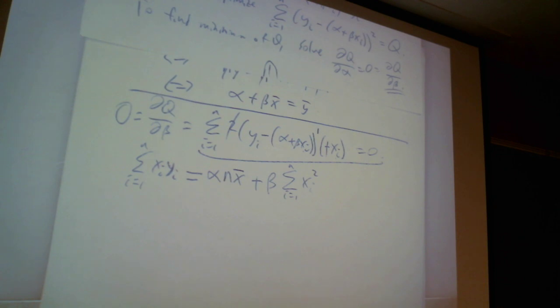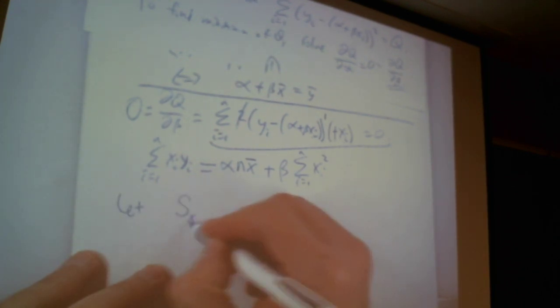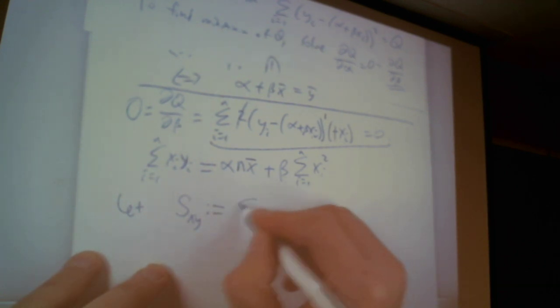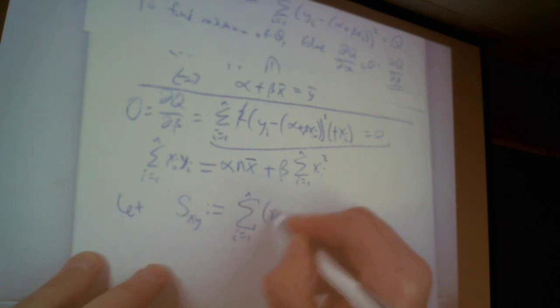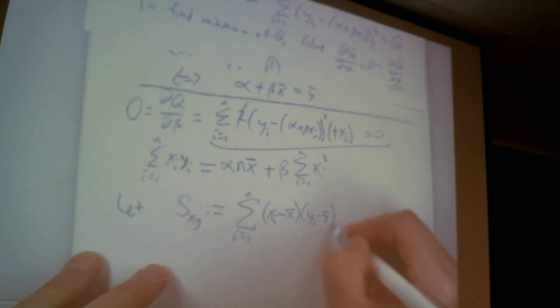Now, it will be convenient to introduce certain notations. So let's introduce some notation. Let Sxy, by definition, be the sum as i goes from 1 to n, I'm going to mimic covariance, of xi minus x bar times yi minus y bar.